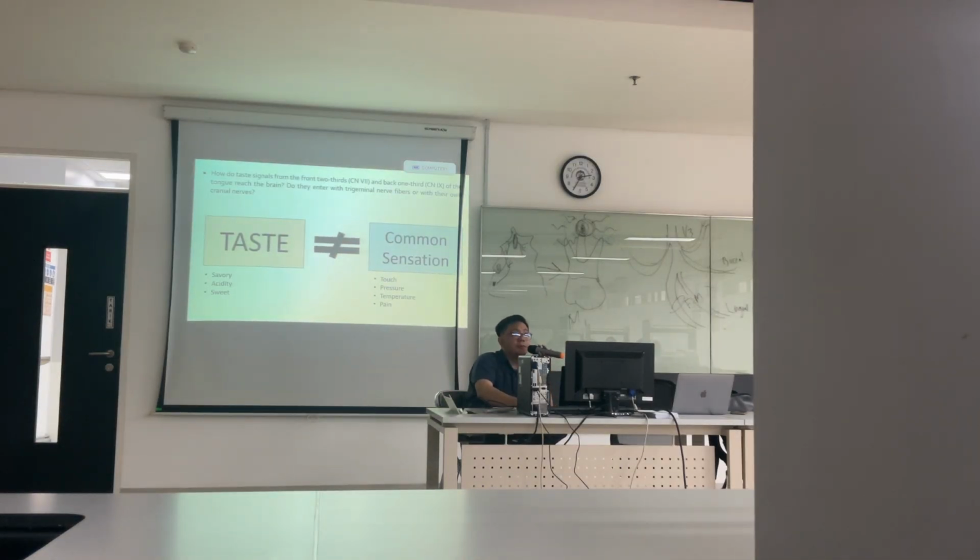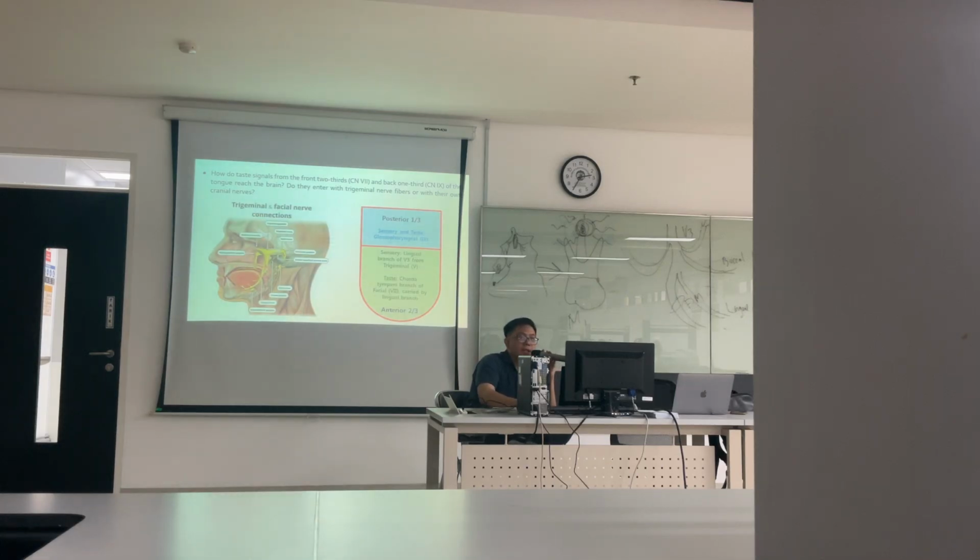So taste is different from the common sensation. Taste is like savory, acidity, sweet, and common sensation is like touch, pressure, temperature, and pain. So it's like this. This is the diagram. Two-thirds anterior of tongue, the taste sensory is from facial.